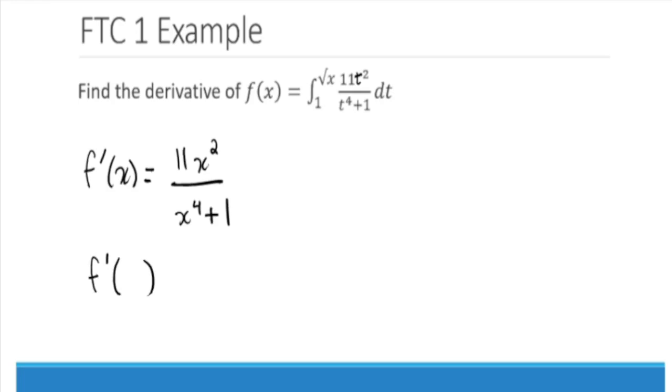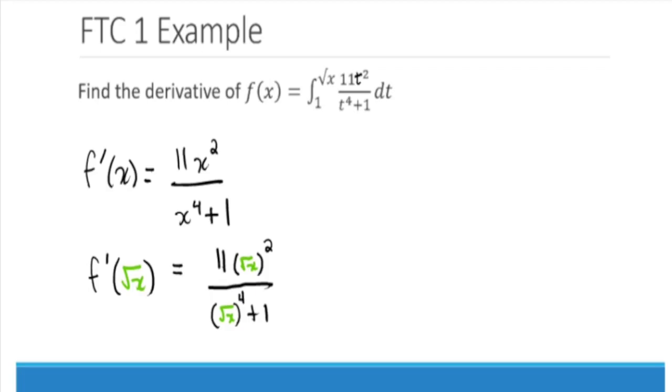If we want square root of x, same with function evaluation, ang mangyayari ay lahat ng x, papalitan natin ng square root of x. So we have square root of x squared over square root of x to the 4th.